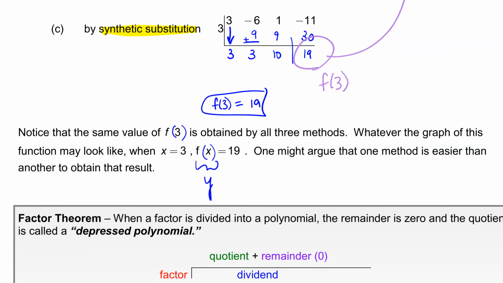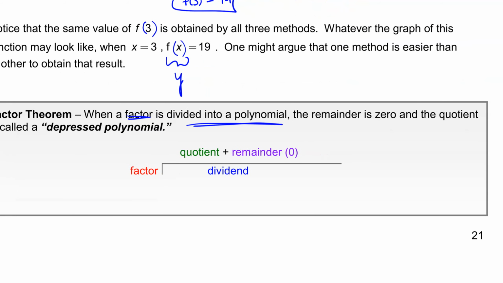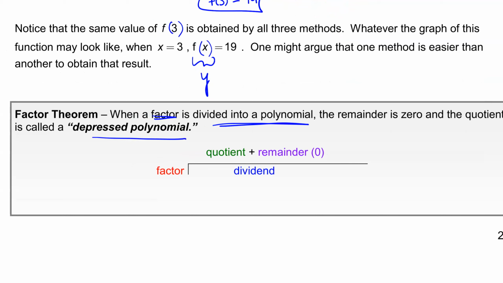Okay. So, the factor theorem. When a factor is divided into a polynomial, the remainder is 0, and the quotient is called a depressed polynomial. So, factor is the thing you're dividing by, the dividend is the original, and then your answer is the quotient plus remainder 0. Okay.